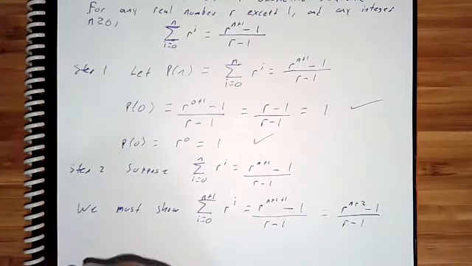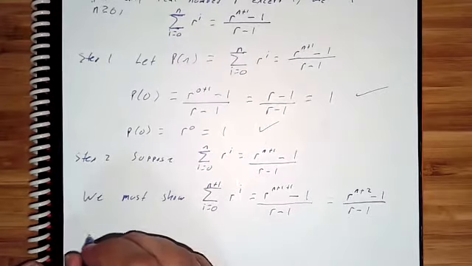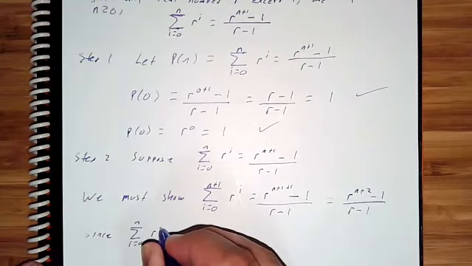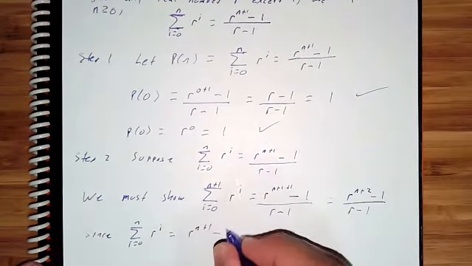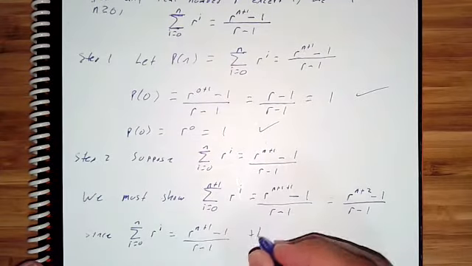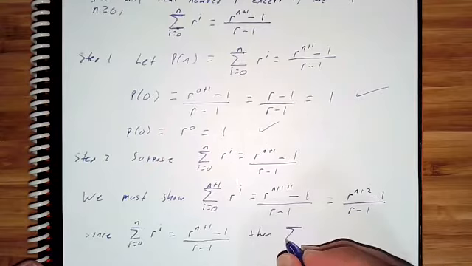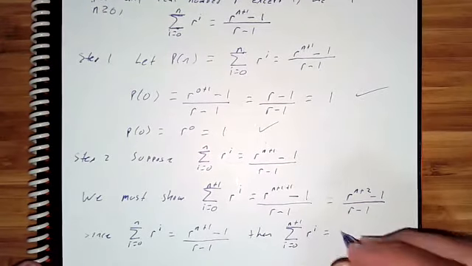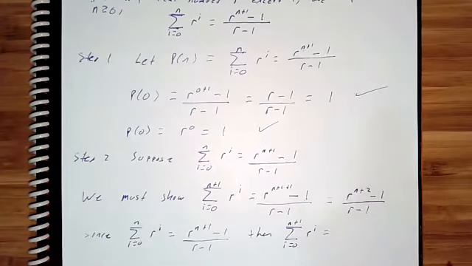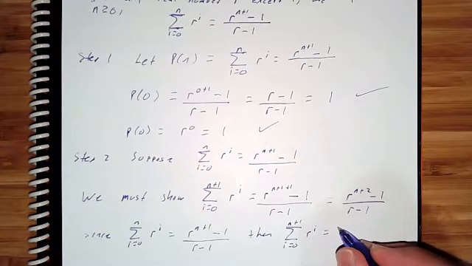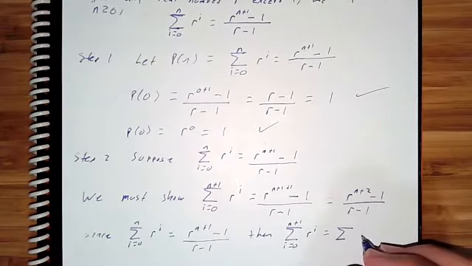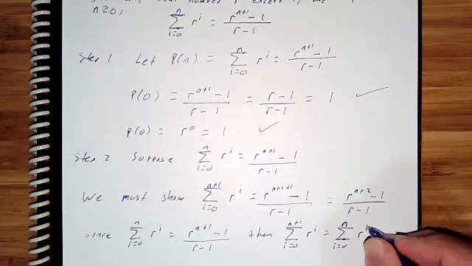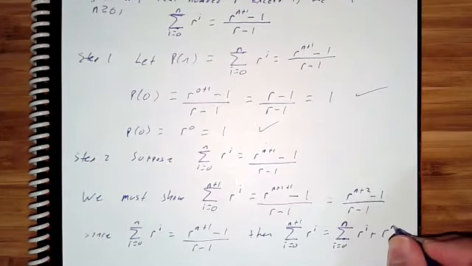Since this is equal to this, the sum up to n plus 1 of R to the i is equal to, all right, now we're adding one more, so it's like we took the original and added one more term.